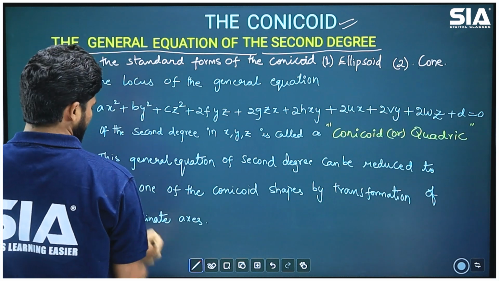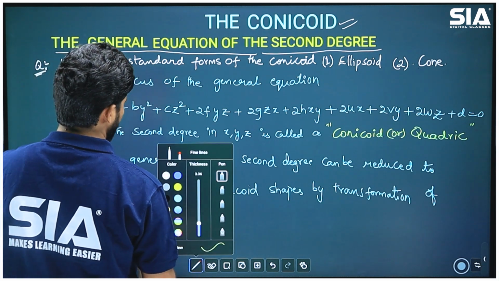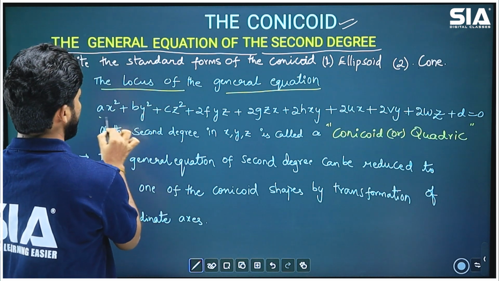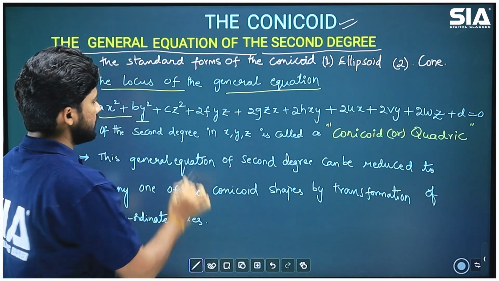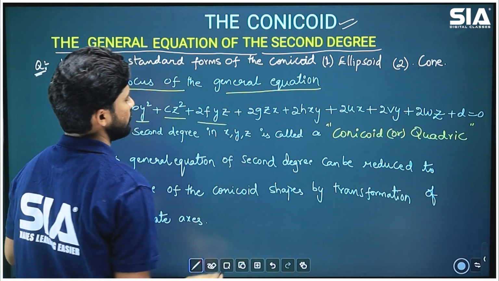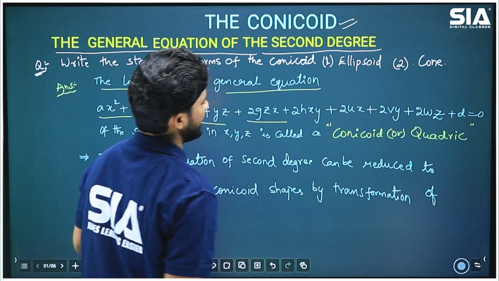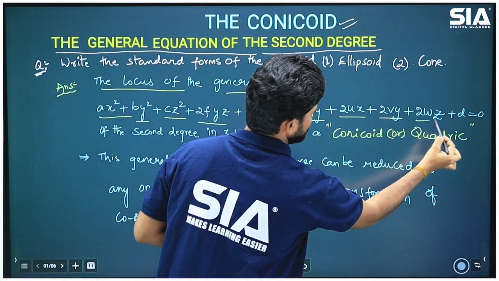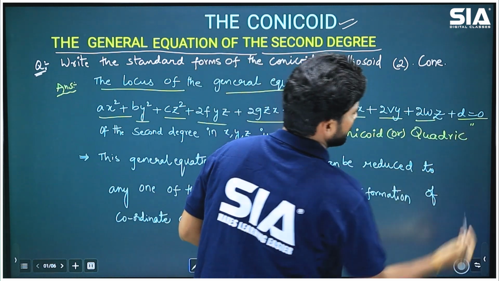First of all, see the general information. The locus of the general equation ax square plus by square plus cz square plus 2fyz plus 2gzx plus 2hxy plus 2ux plus 2vy plus 2wz plus d is equal to 0.